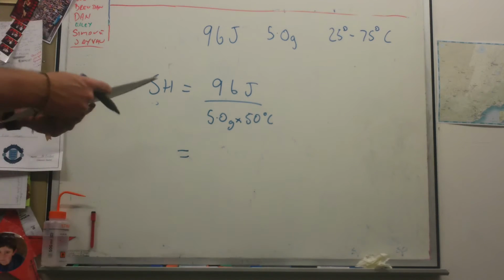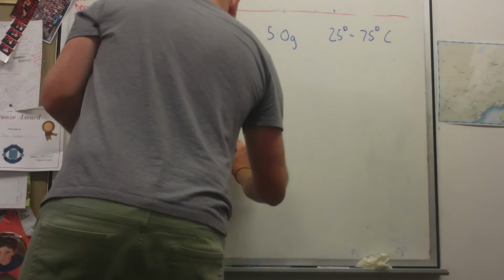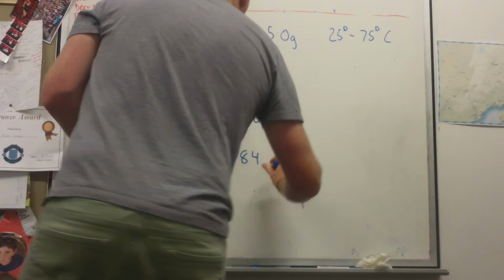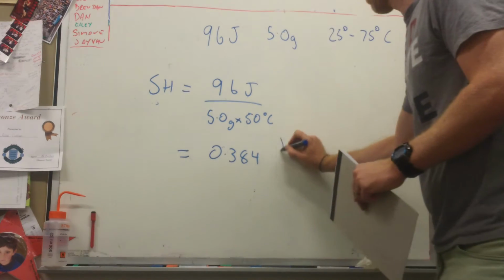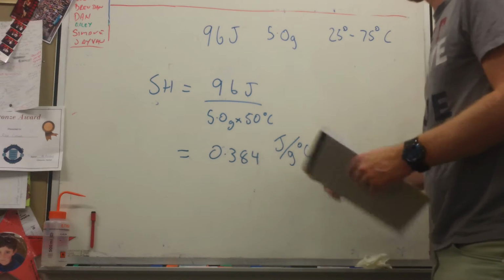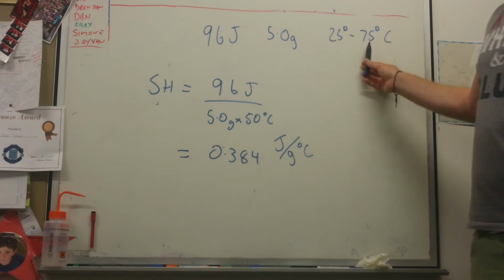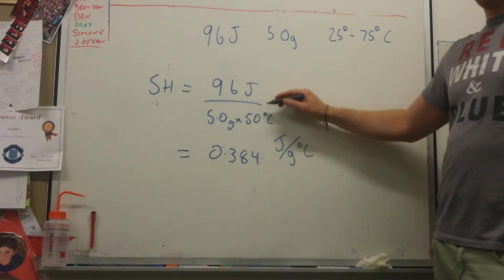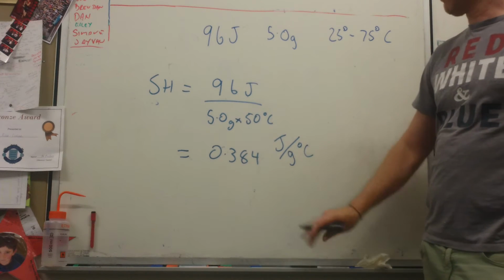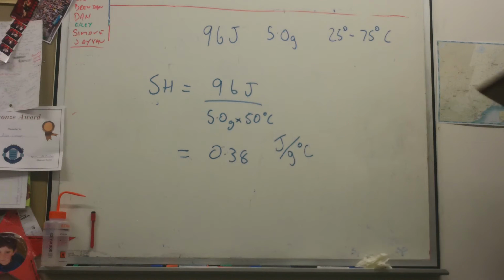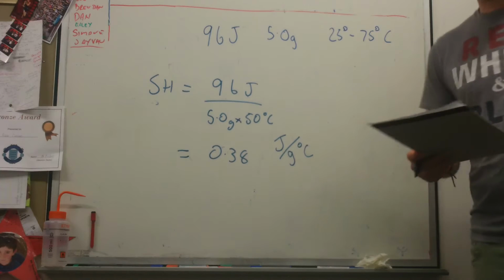If we solve for this, we get 0.384 joules per gram per degree C. We note that we have 2 significant figures, 2 significant figures and 2 significant figures. It's a divide and multiply, so we must go to 2 significant figures. So it rounds out to 0.38 joules per gram per degree C.